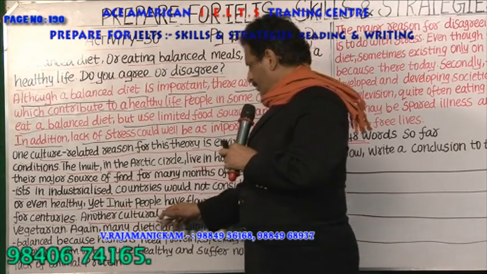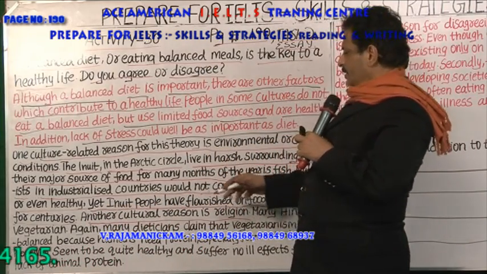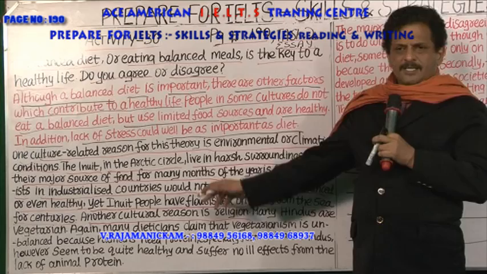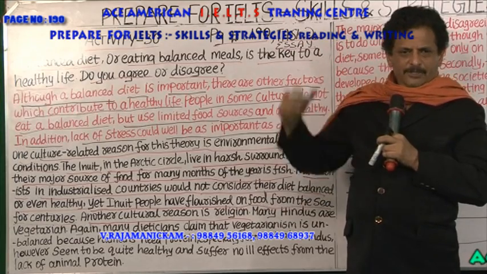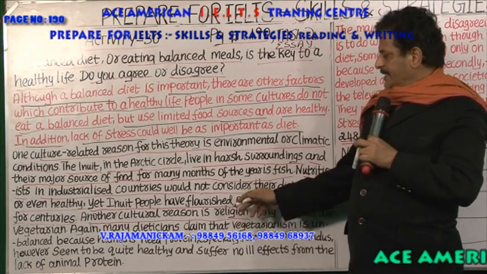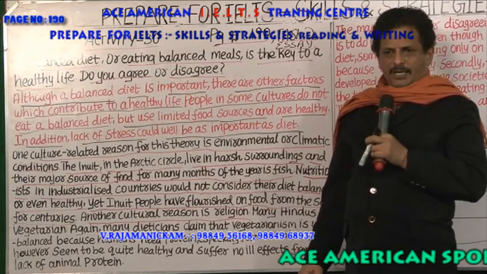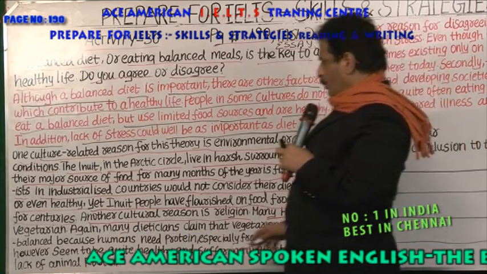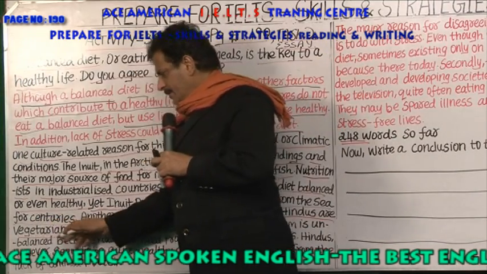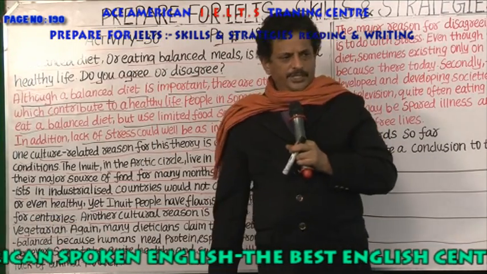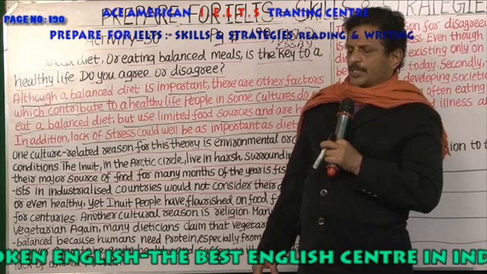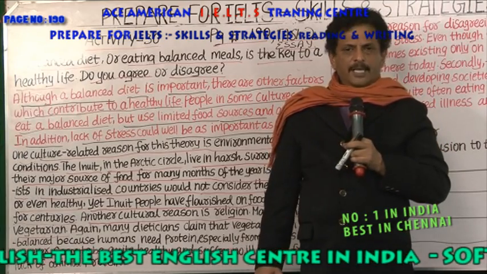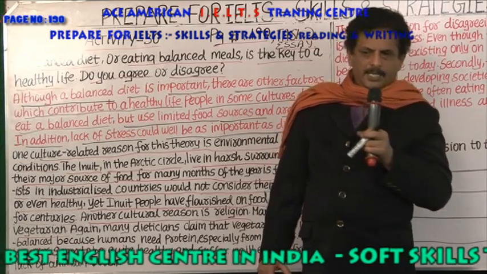Another cultural reason is religion. So the first is the people who live region-wise, and second it comes to religion. Many Hindus are vegetarians. Is it so, sir? We are living in a country called India, and many Hindus are vegetarians. For example, Brahmins. You are a Brahmin, isn't it, sir?